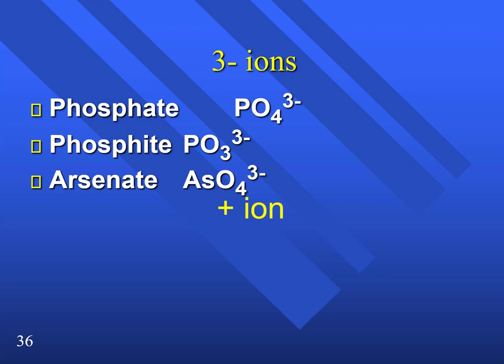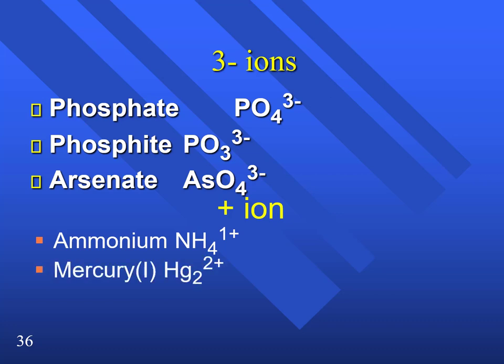Okay, positive ones. Positive polyatomic ions. These will start off the formula. Because positive leads, right? So you'll see these first. First one is ammonium. It's the most common one. Second one is only polyatomic because it's diatomic.